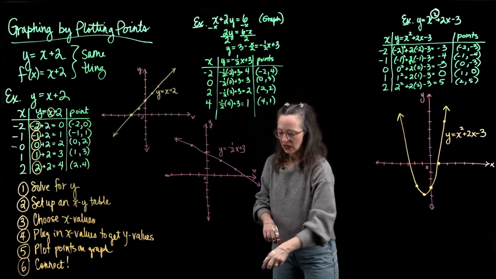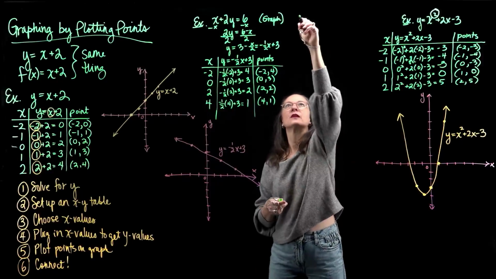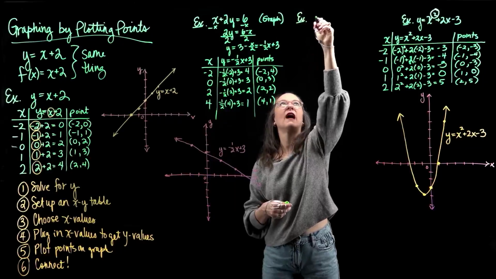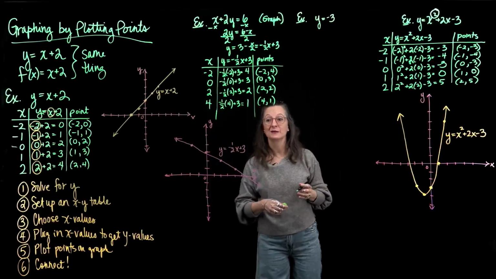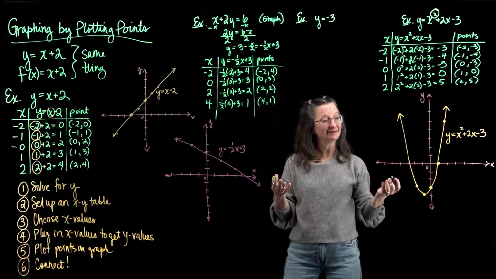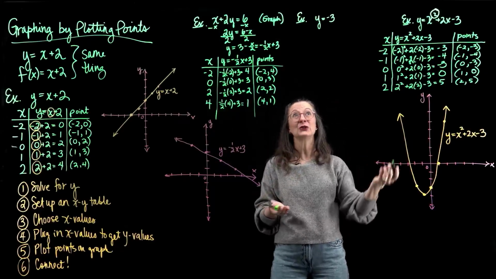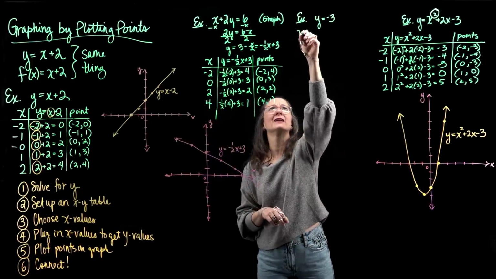Okay. One more example I want to look at, and that is, what if I had something like y equals negative 3? There's no x's. So I can choose any x I want, but no matter what x I choose, y is negative 3. What would that xy table look like?